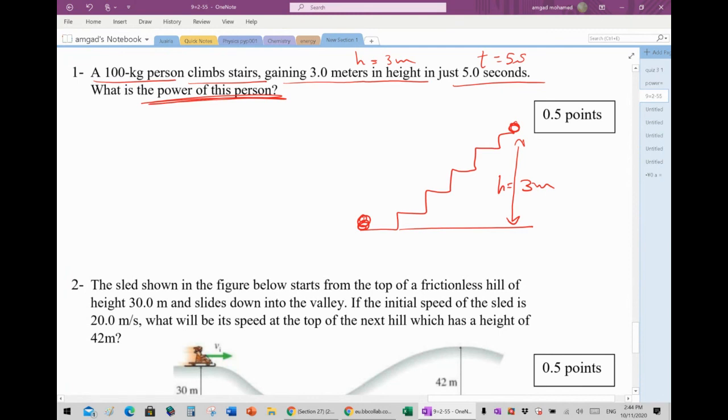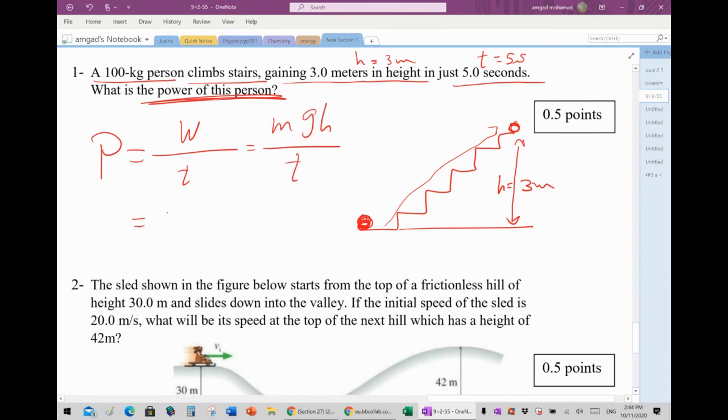A very, very nice question. Somebody, some object, whatever, moves up a certain height in 5 seconds. What do you think? Power? Work over time. What is the work done on the object to lift it up? mgh over time t.